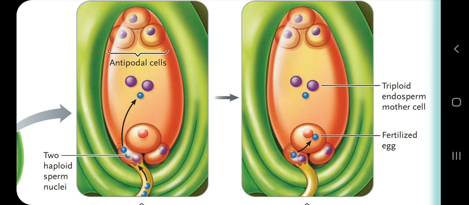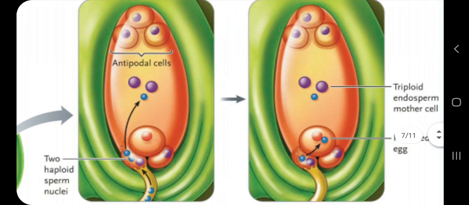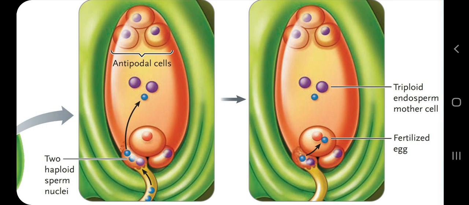So understand this very carefully. The second sperm which was delivered to this embryo sac will go to the polar nuclei. What are polar nuclei? We can find polar nuclei in the central cell.